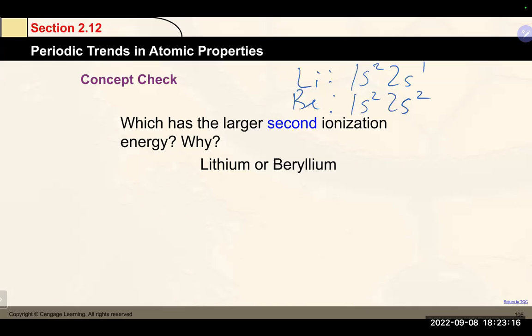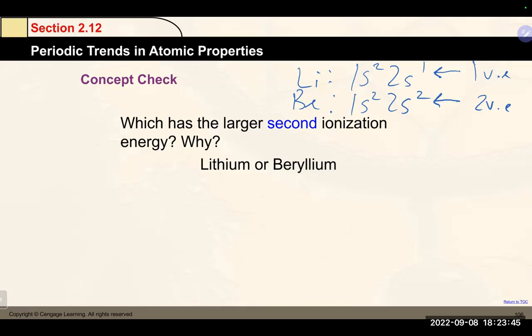When we talk about the second ionization energy, that means which electron's coming off? The second one, right? So when I look at lithium, how many valence electrons does it have? One valence electron. When I look at beryllium, how many valence electrons does it have? So which one's going to be harder to remove the second one from? It's going to be lithium.